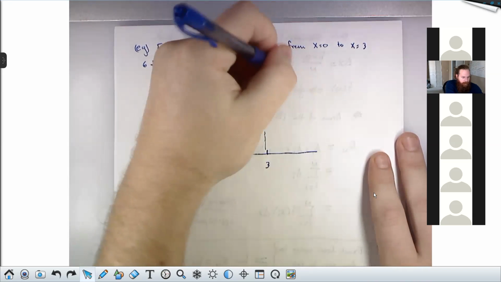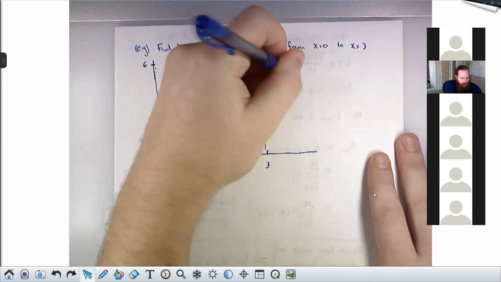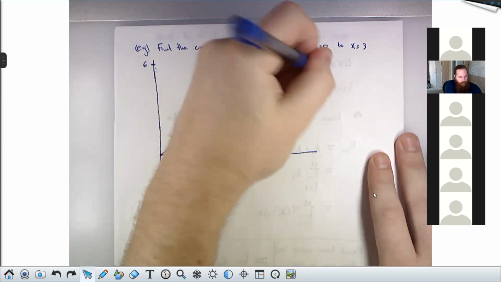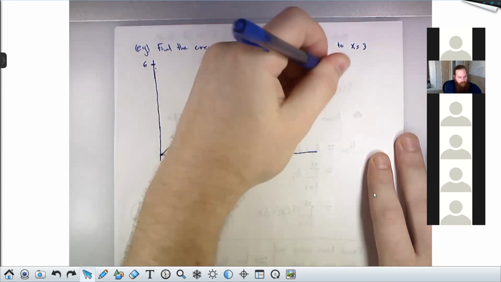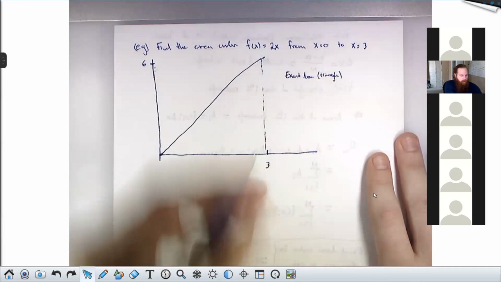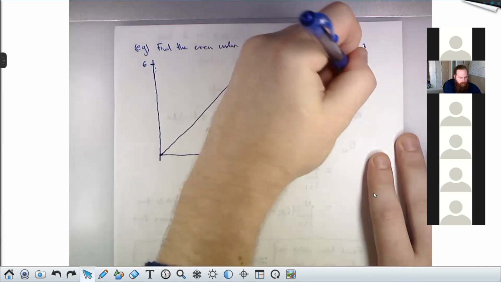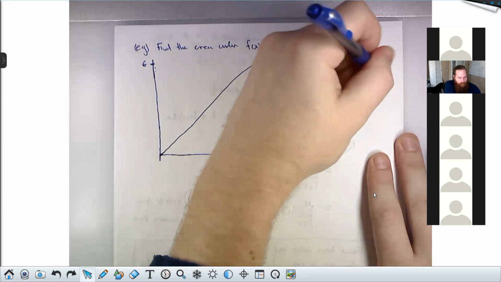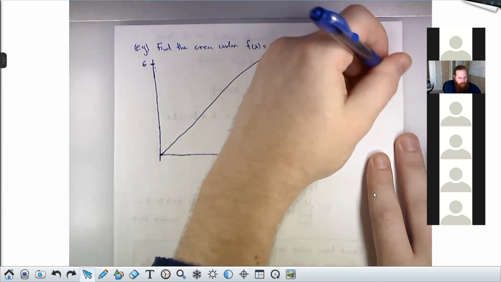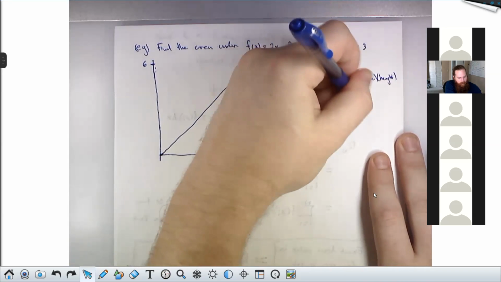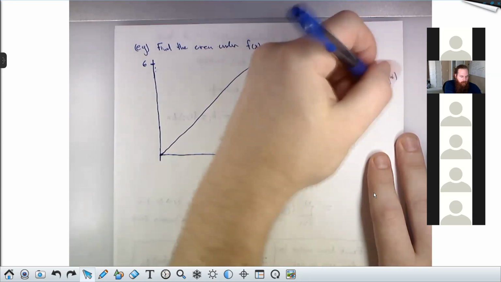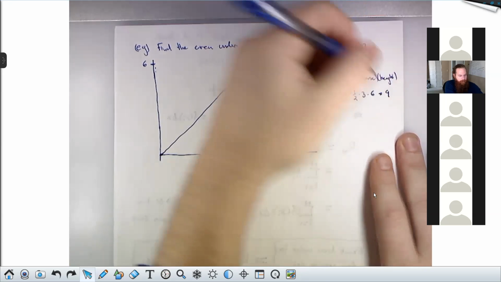So we know that the exact area, which is a triangle, because this is a linear function, has to be 1/2 base times height, which is 1/2, the base is 3, and the height is 6. So this is 9.